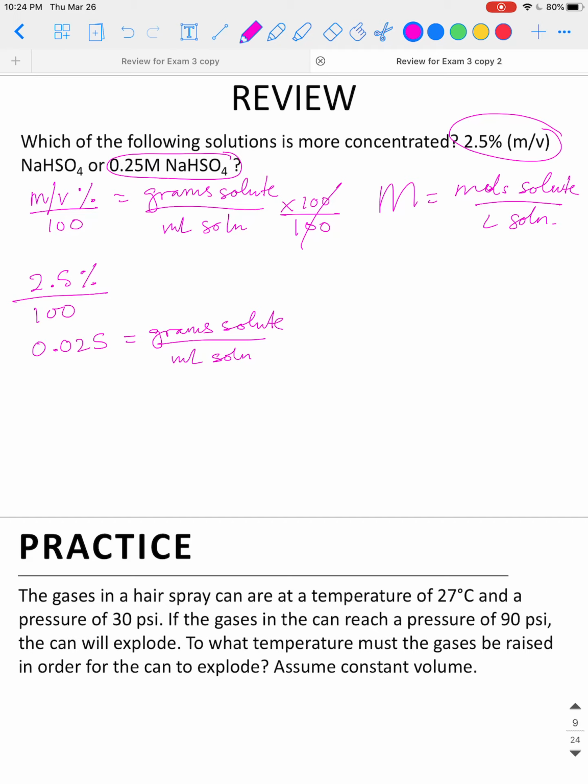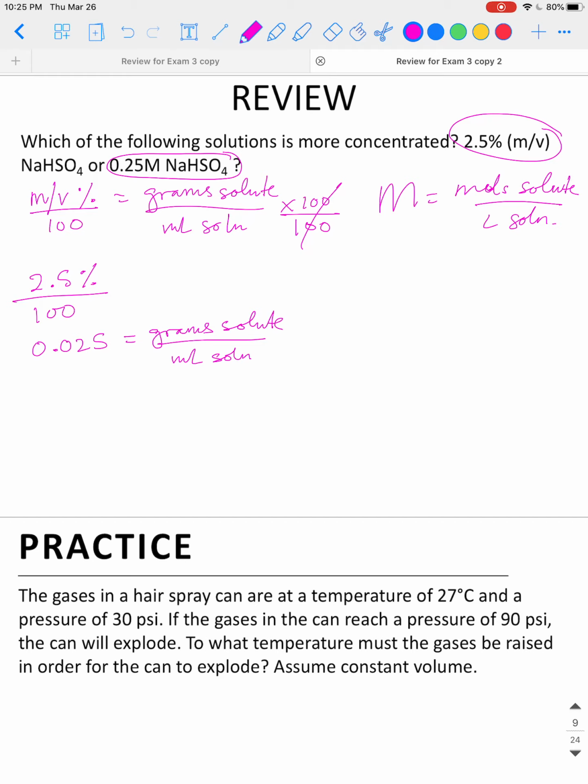Essentially here is maybe the most difficult part of the problem. We know that our concentration overall should be 0.025, or it should match 2.5%. But we don't know the number of grams or milliliters. We just know that it has to give us a value of 0.025.